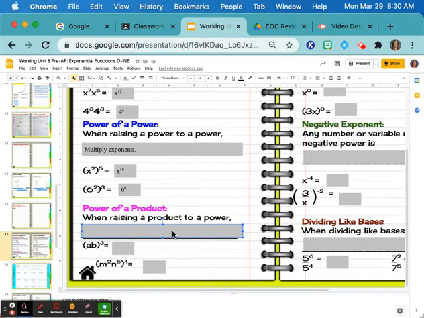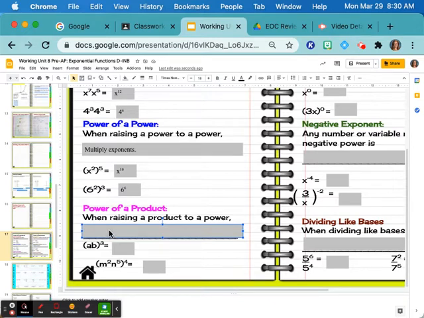Power of a product. When raising a product to a power like this, a, b to the third power, what are we doing with that exponent? It's kind of like distributing. We are going to do the power of each factor.